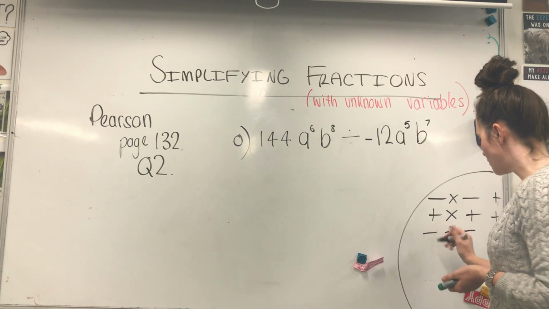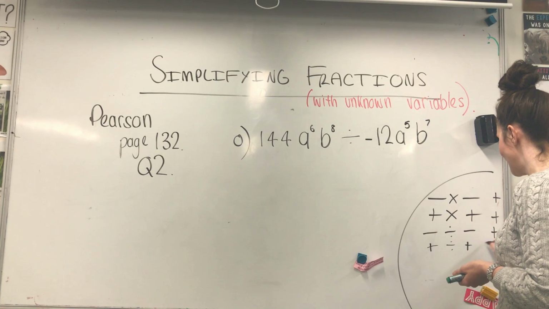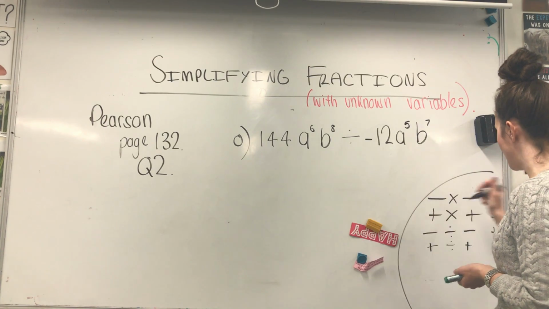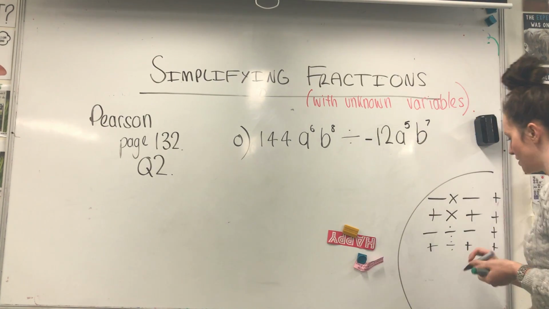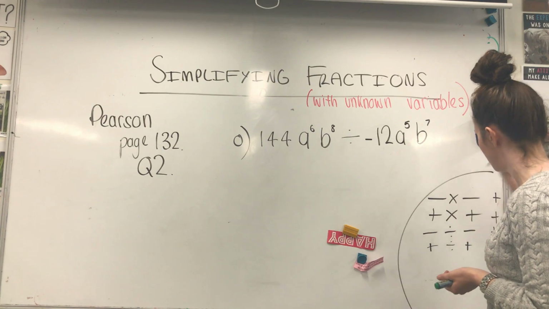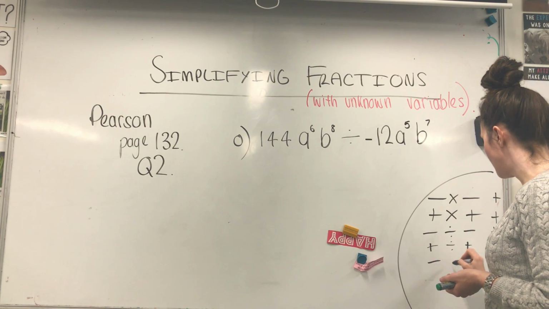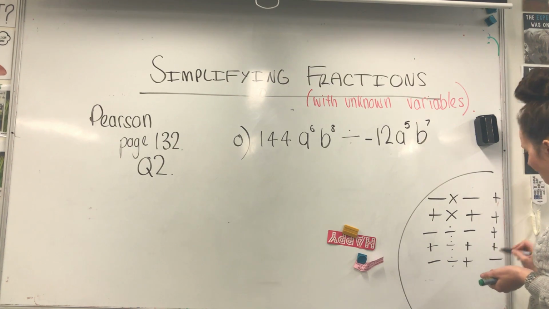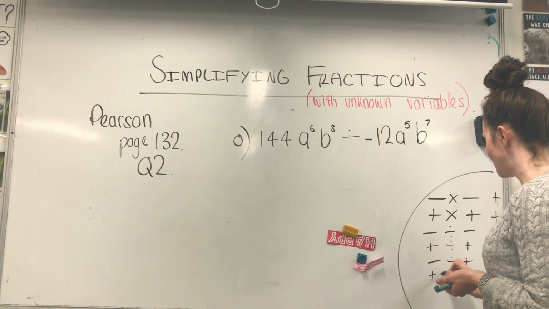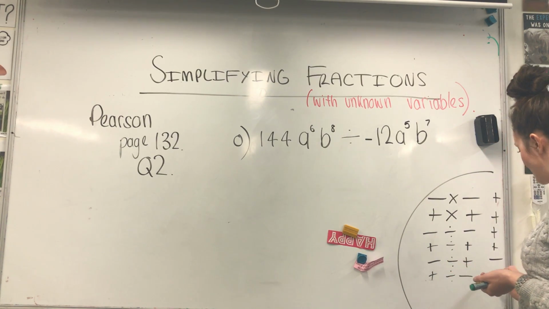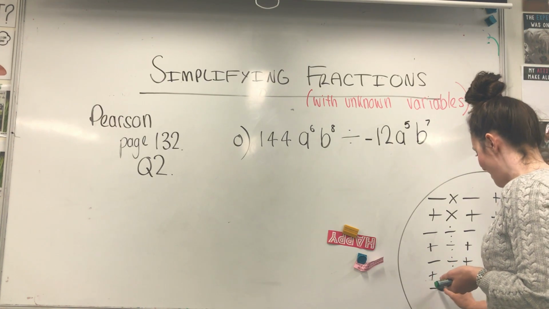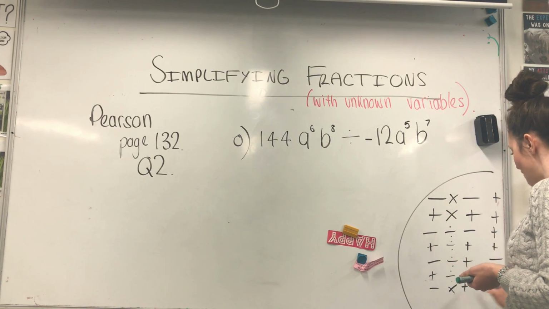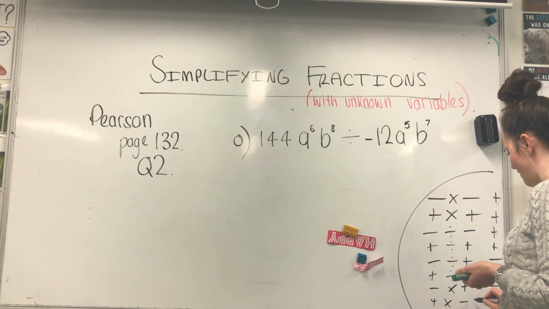If you have 2 positives and you divide them, it's a positive. And if you have a negative divided by a positive, it's a negative. A positive divided by a negative is a negative. A negative times a positive is a negative, and a positive times a negative is a negative.